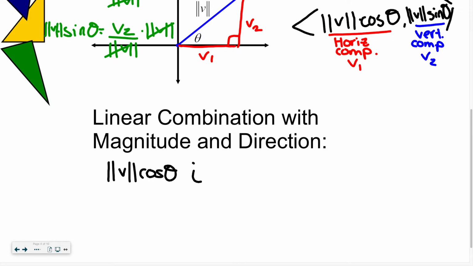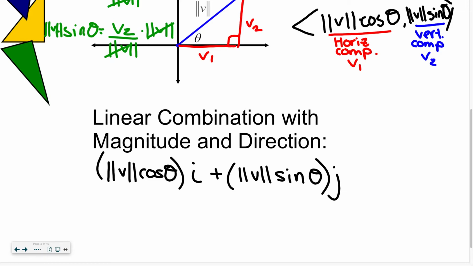So I'm just going to protect that with parentheses so you can see there's that coefficient. And then plus the magnitude of v times the sine of theta j. Remember, that one shouldn't be a whole lot of work if you've done component form. Right? If you've done component form, you already know what the horizontal and the vertical components are.